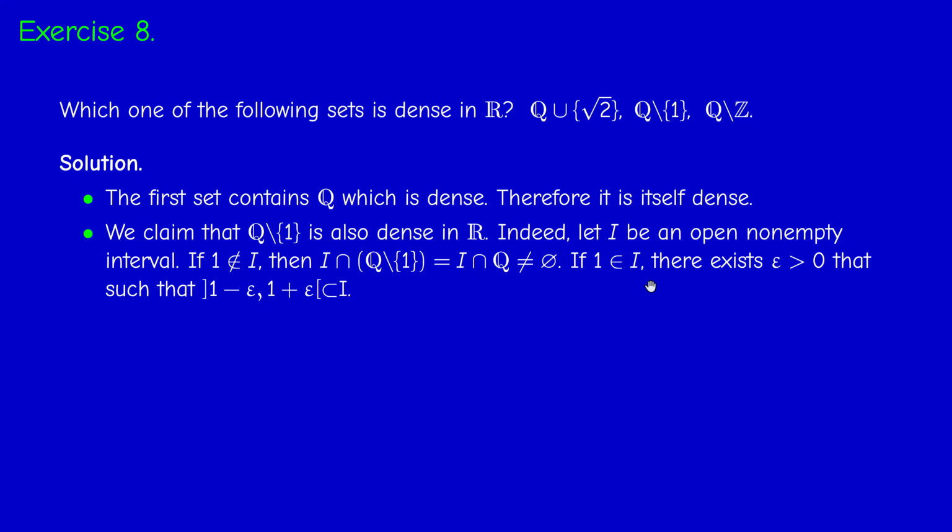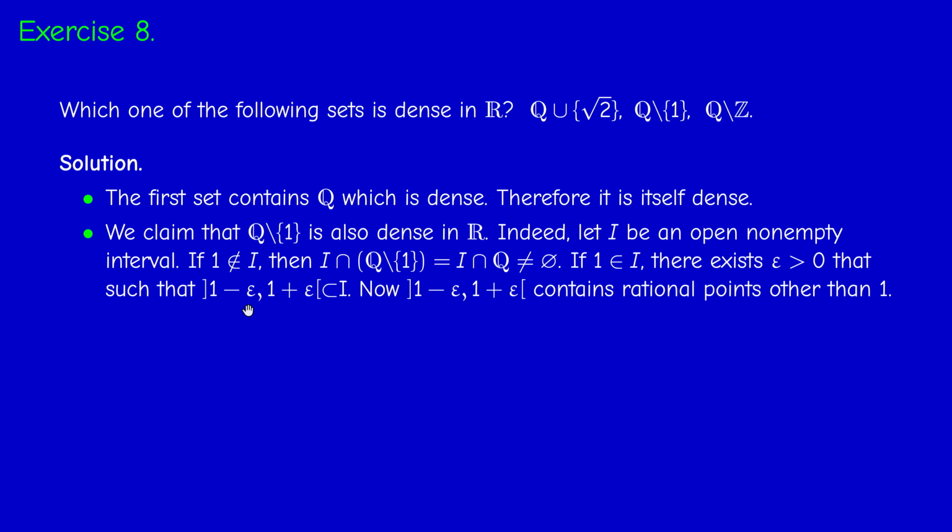Now, what if 1 is in I? It's not a big deal, because if 1 is in I and I is open, we can find an open interval of center 1 contained in I. And now it's very easy. This open interval contains a rational number different from 1. 1 is rational, but in this interval there are infinitely many rational numbers.